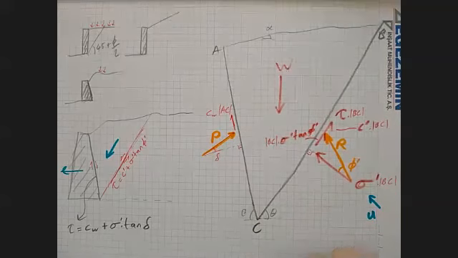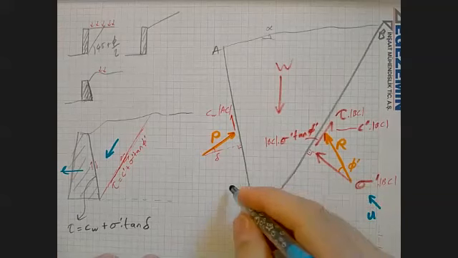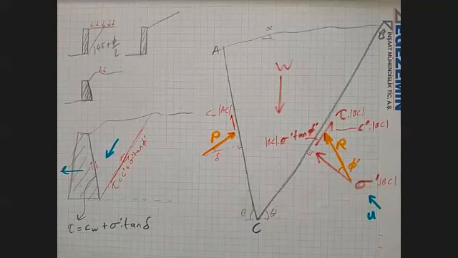So then the next step is, by the way, of course, we have the pore pressures as well. So I have the pore pressure here and there. I will deal with that later. So right now, just consider this like in the dry case, so that we first understand how the solution works, and then we can add things like that.